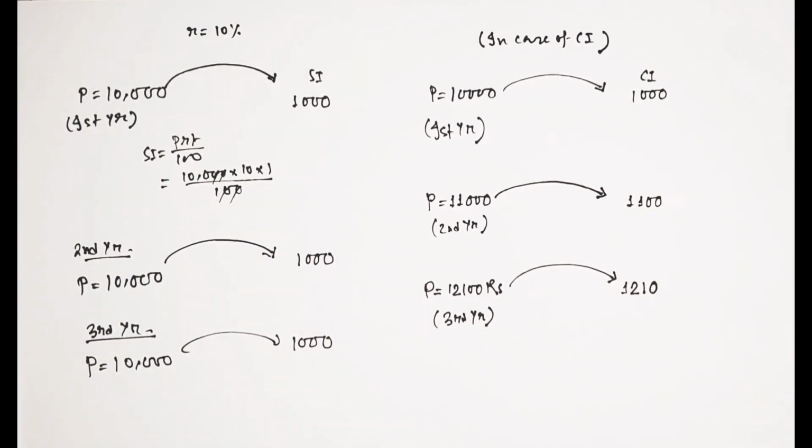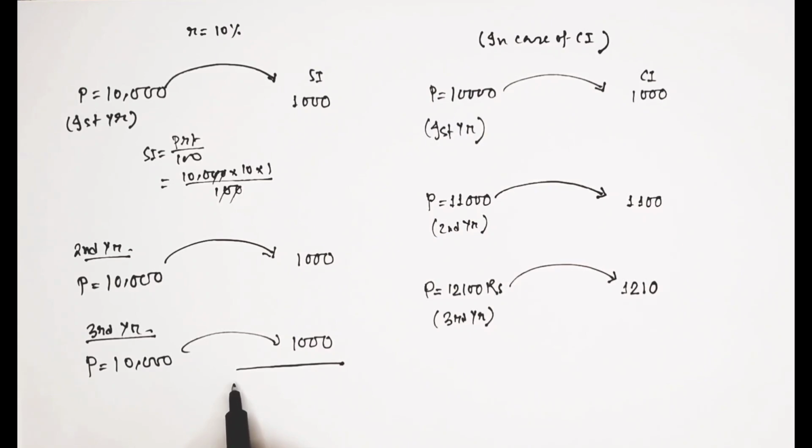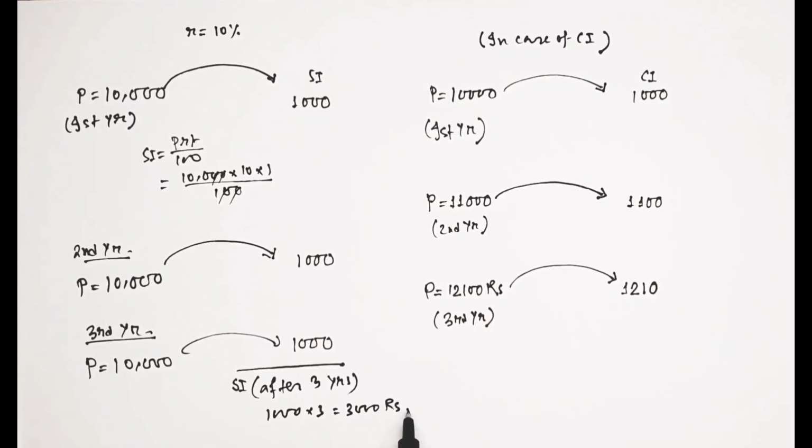We can see that in case of SI, we get same amount of SI in 3 years. So here, after 3 years, the SI is 1000 into 3, that is 3000 rupees.